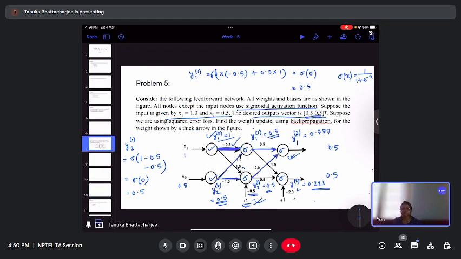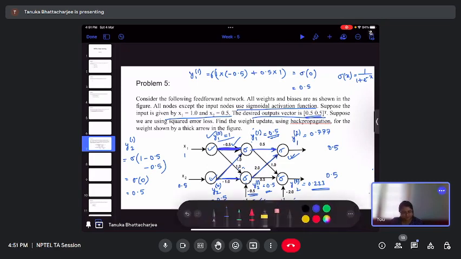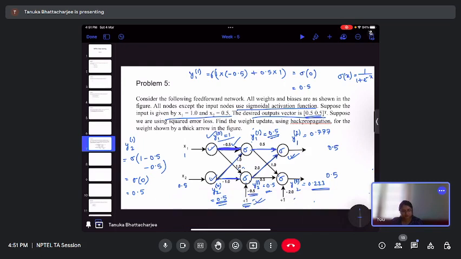Now you have to back propagate this error and compute the errors at the previous layers. So you computed the errors at the final layer. Now you compute for the previous layers. The weight that you need to find the update for, let us see which weight is this.